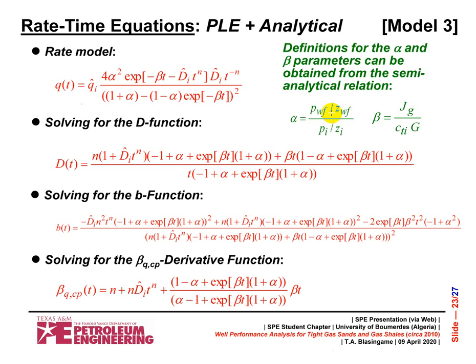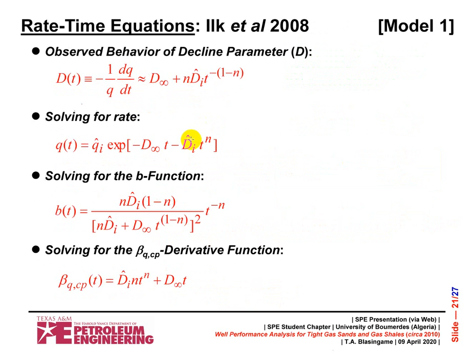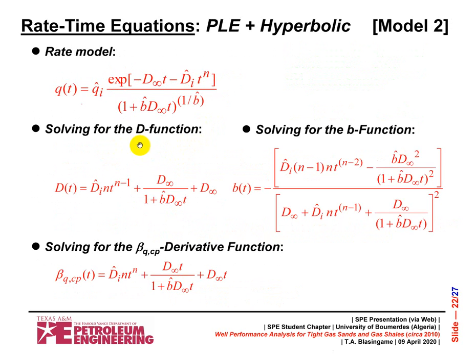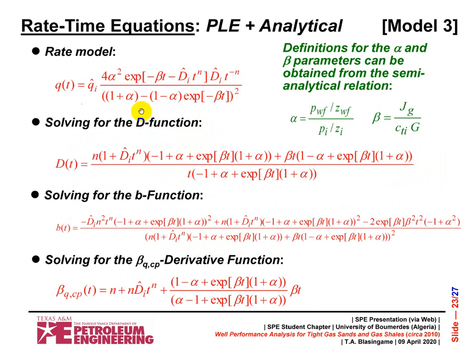This model is really ugly, but it's actually fairly easy to use. It's essentially saying during transient flow, we'll use the parallel exponential, and during boundary dominated flow, we'll use this analytical model. So again, Model 1, Model 2, and Model 3.